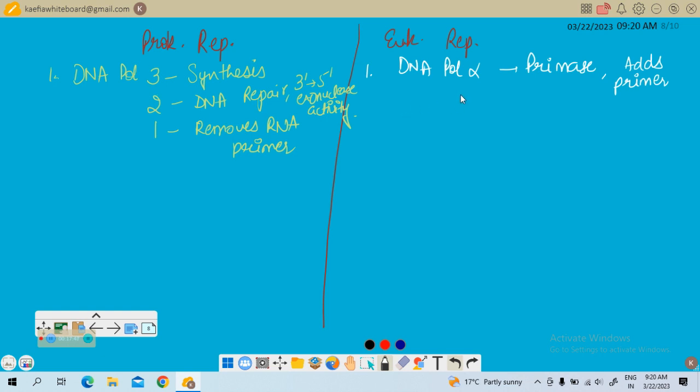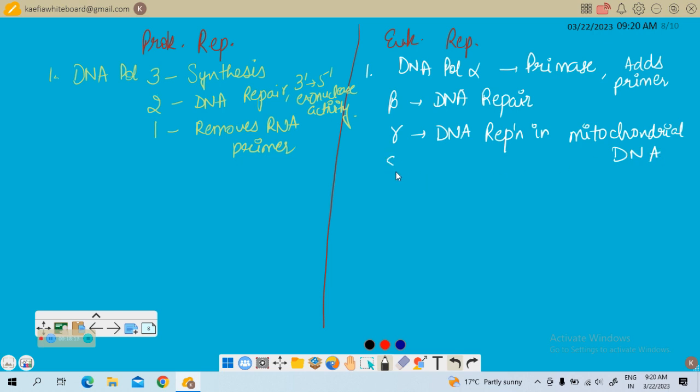Now coming to DNA polymerase beta, its role is in DNA repair. Then gamma, it does DNA replication in mitochondrial DNA.